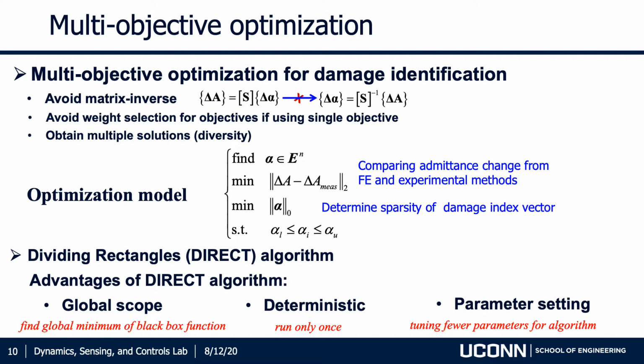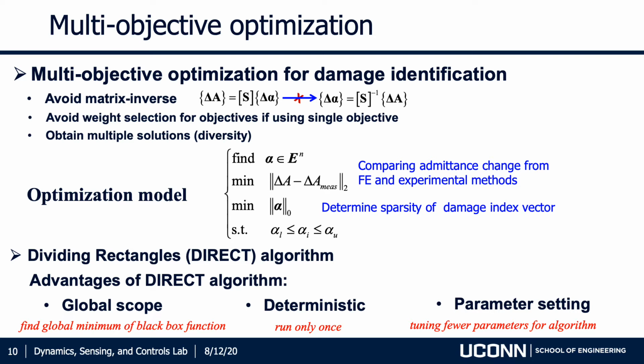By formulating a multi-objective optimization problem, we can obtain multiple solutions and then select the solution according to engineering judgment. At the same time, we could avoid selecting the weights for different objective functions. So this presentation formulates the optimization model targeting difference in admittance change.